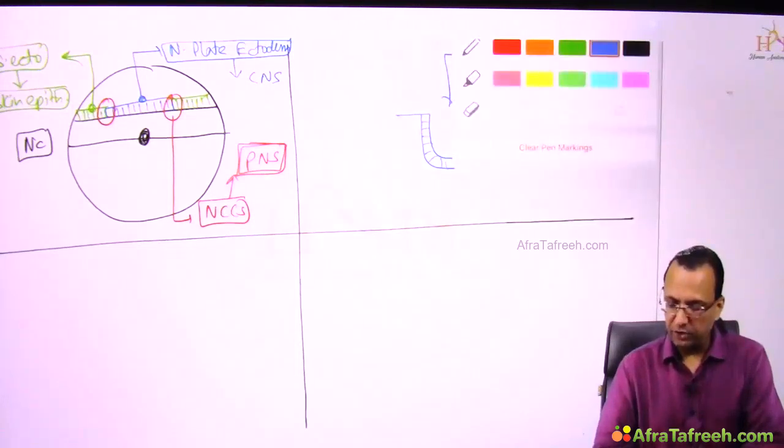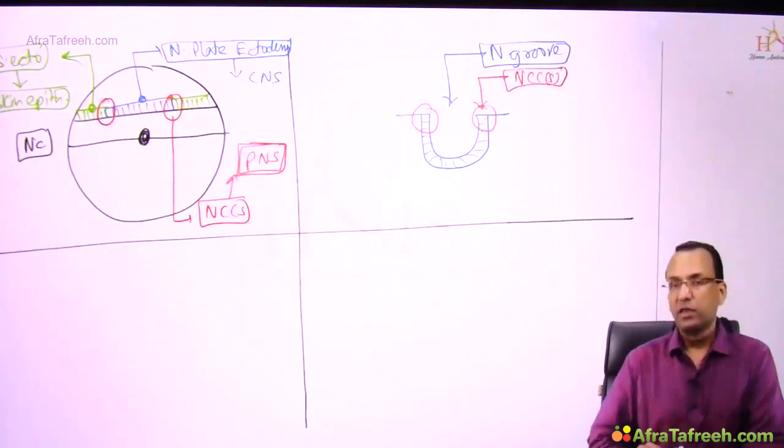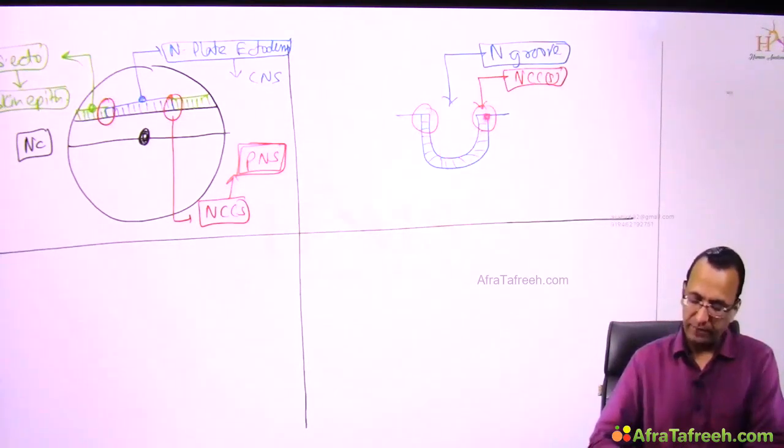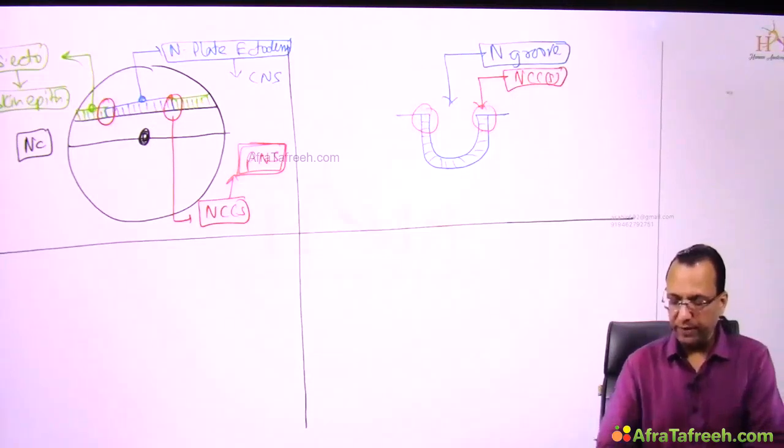It was actually some neural crest cells, and those neural crest cells were contributing to peripheral nervous system. So this plate has become a groove, and that is the neural groove, and at the periphery you have some neural crest cells still there. And what is still more at the periphery? What is still more at the periphery, you can see, is this. What is this? That is the surface ectoderm.